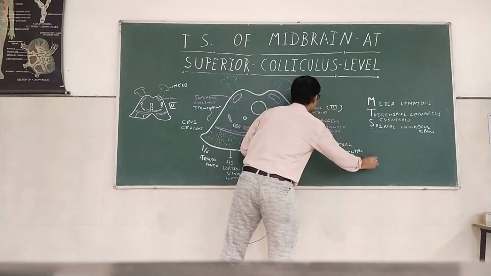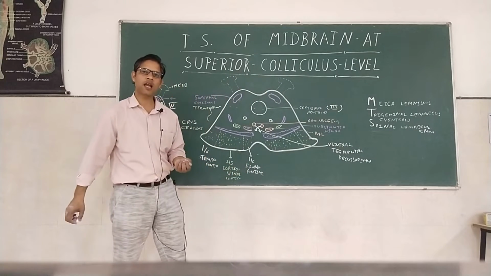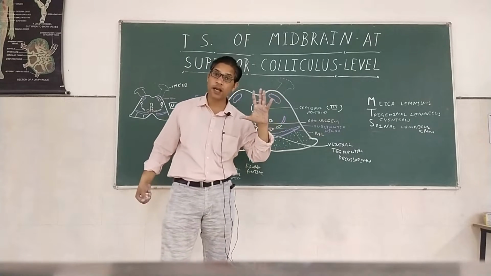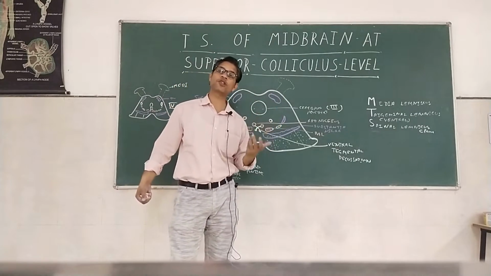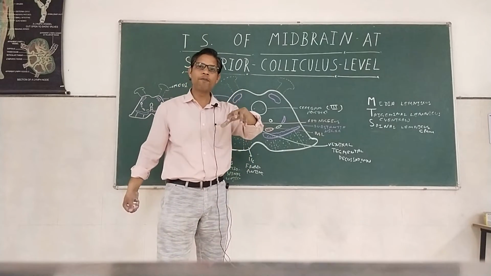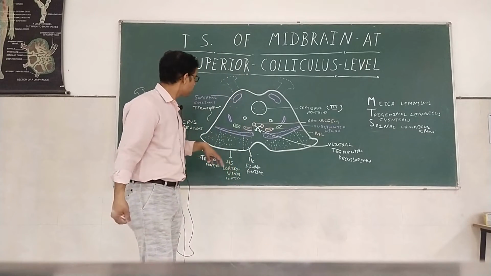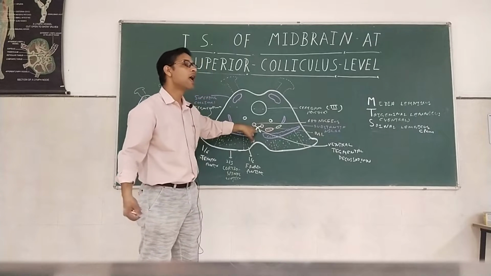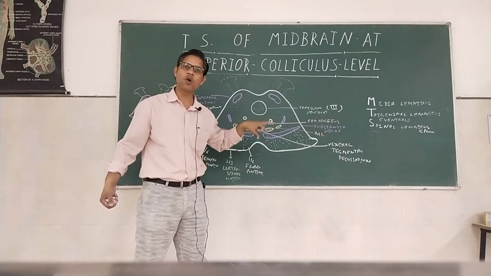Actually, the ventral tegmental decussation is the decussation of the efferent fibers generated from the rubral or red nucleus, which descend downward to an inferior level, that is considered as the rubrospinal or rubrobulbar.